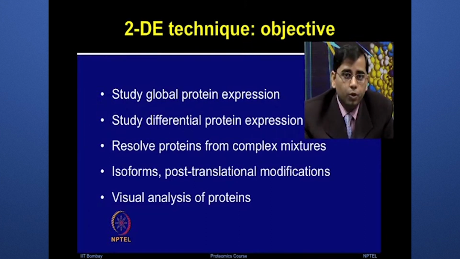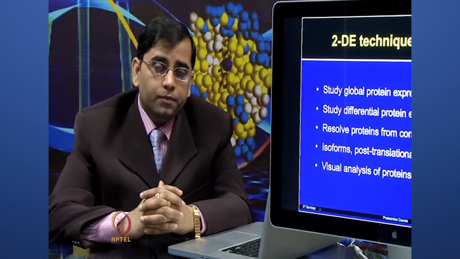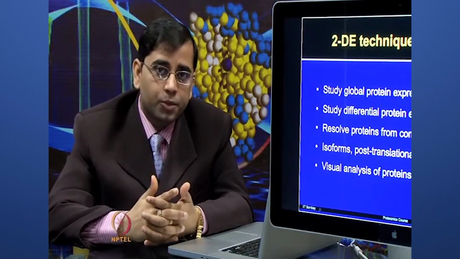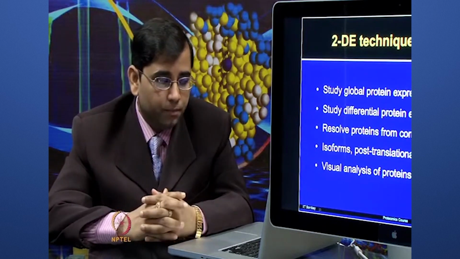You want to look at the proteins which are either going upregulated or downregulated in their expression because of a given treatment or because of a disease condition or because of your experimental condition. So, in both of these cases, the two-dimensional electrophoresis can be used to resolve the proteins from very complex mixtures.